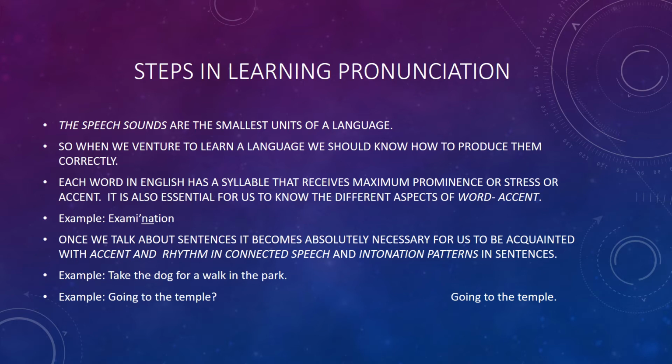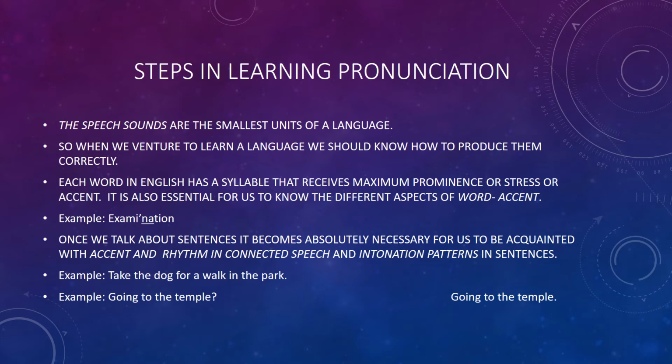Pronunciation. In this word, the syllable A is receiving the prominence or the stress or the accent. Language. The first initial syllable is receiving the stress in this word. So, we need to know about the word accent in English.